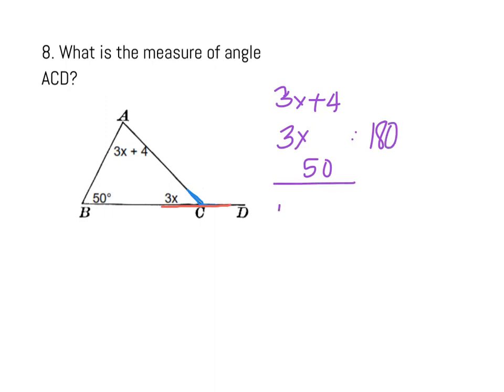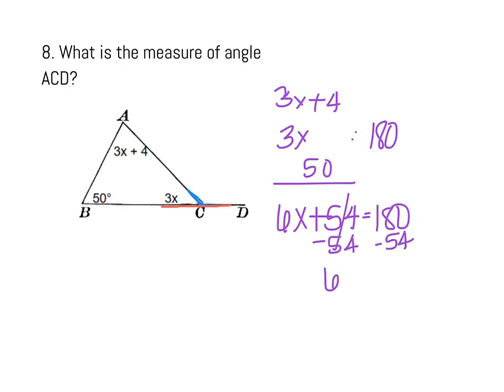Combine my like terms and I'm left with 6x plus 54 equals 180. Subtract 54 on both sides, and we have 6x equals 126. Divide both sides by 6, and we get x equals 21.